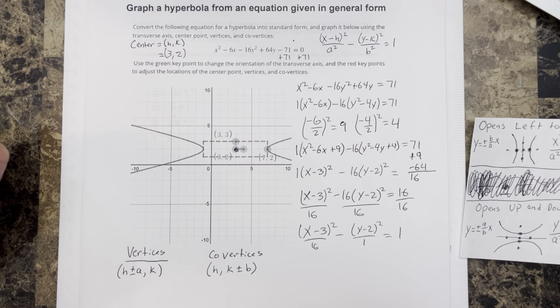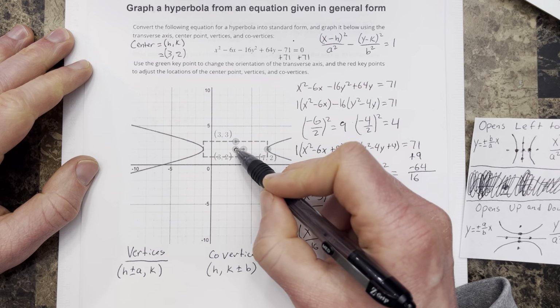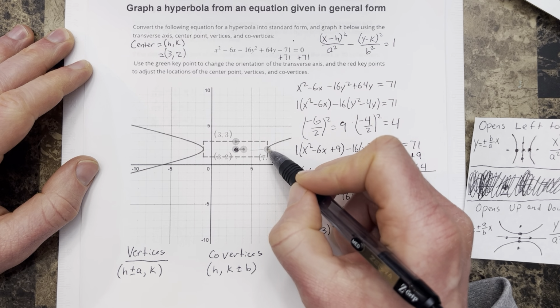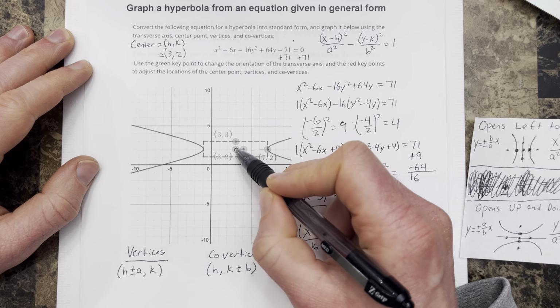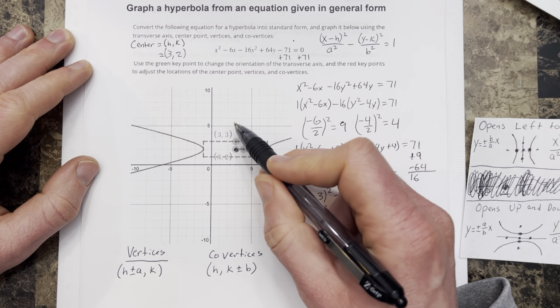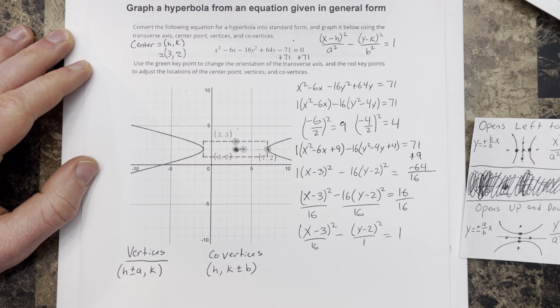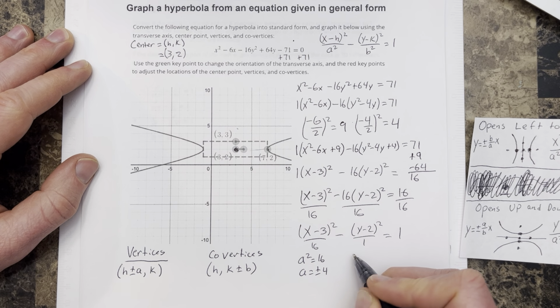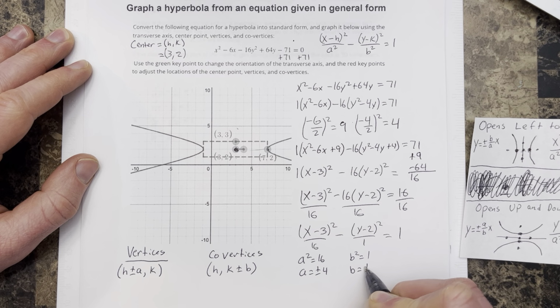So we're just going to add a, which is the distance between the center and the vertex, and we're going to add b, which is the distance between the center and the co-vertices. We find a squared to be equal to 16, so a is equal to plus and minus 4, and b squared is equal to 1, so b is equal to plus and minus 1.